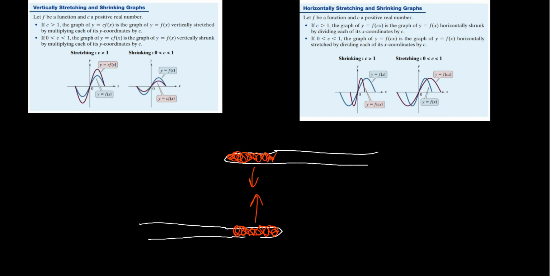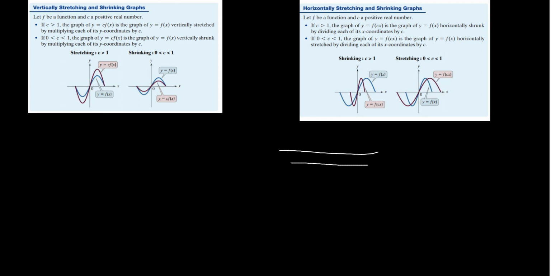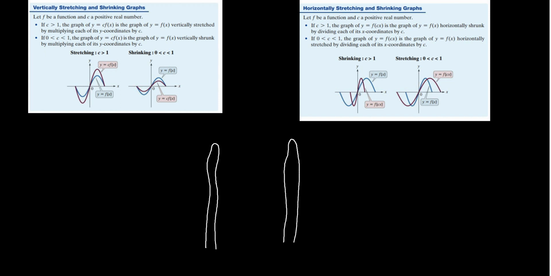So I'm vertically shrinking. Now obviously on the other side of that, we have our horizontal stretching and shrinking. And I just realized that my Disney mitts should be white, huh? So here are my mitts. We're going to talk about horizontal stretching and shrinking now. Kind of the same concepts here. We're going to deal with a number that's greater than 1 and a number between 0 and 1.